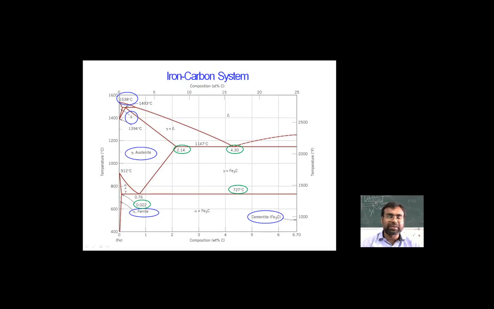As we know, the maximum range of steel is about 2%, and above 2% up to 6.67%, the carbon is related to cast iron, and above 6.67% the carbon leads to the brittle material, cementite, which is not our concern, as we discussed earlier, because it possesses only brittle material.